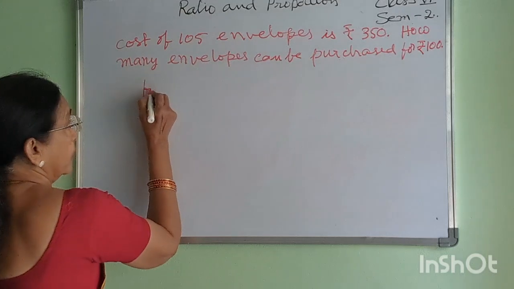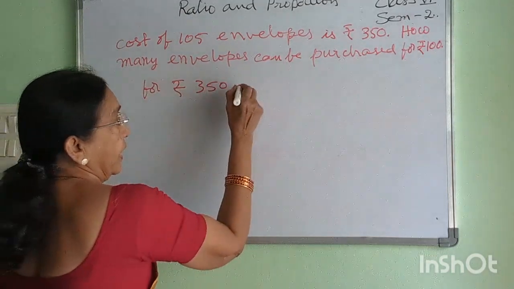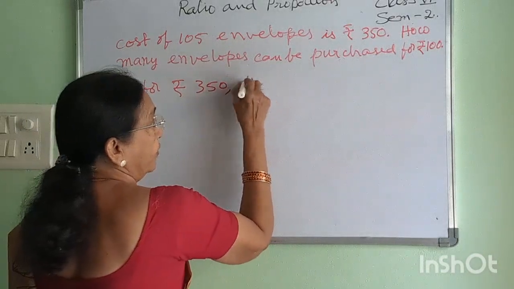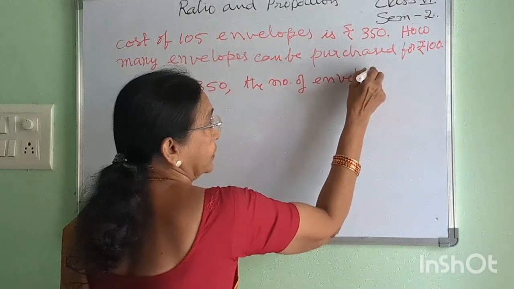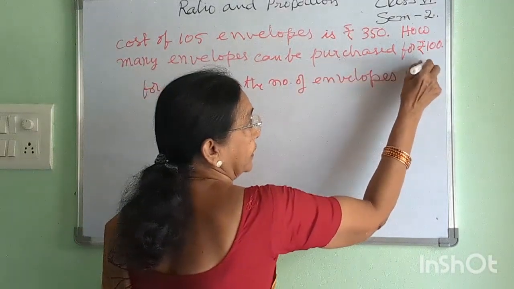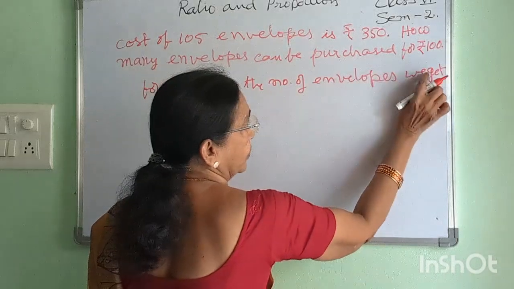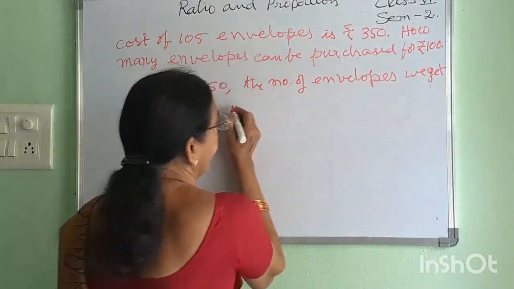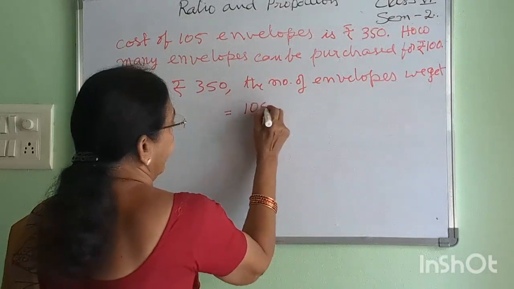Therefore, for rupees 350, the number of envelopes we get is equal to 105.